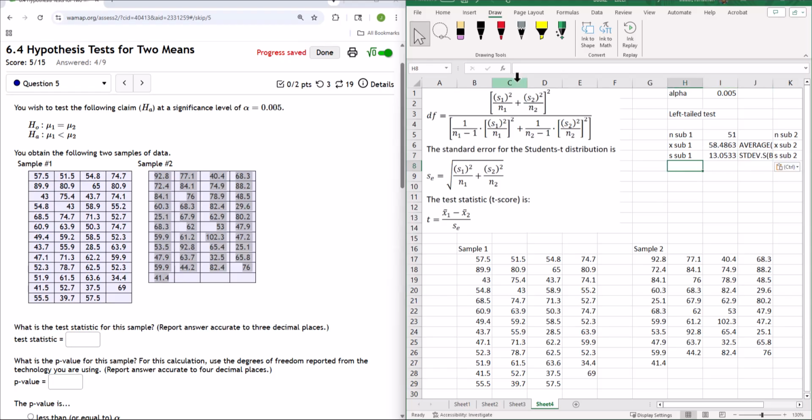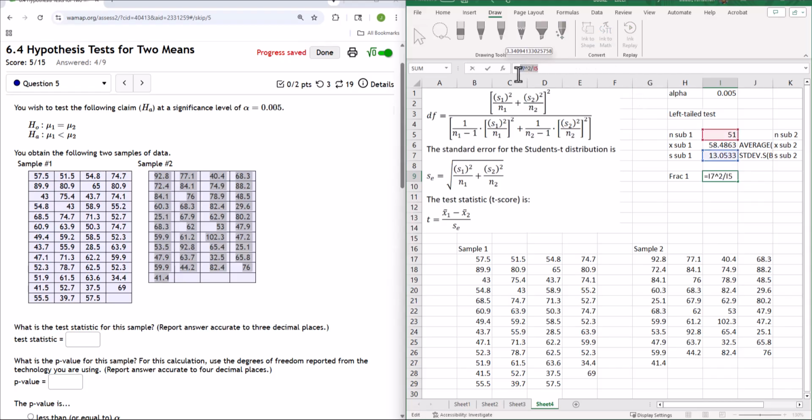So now we've got our n sub 1, x bar sub 1, s sub 1. So I'm going to make my fancy fractions. Fraction 1 is the sample standard deviation quantity squared divided by n.